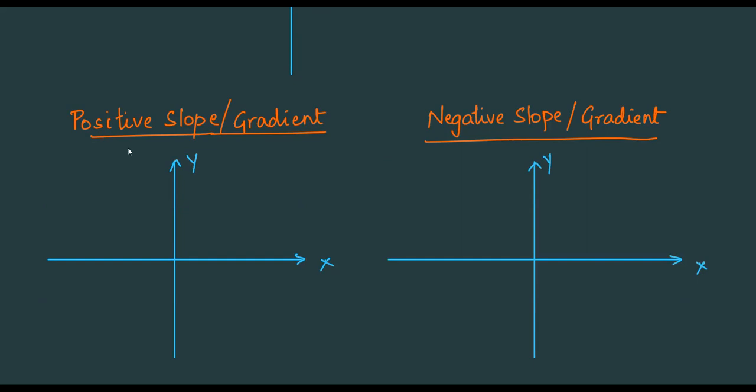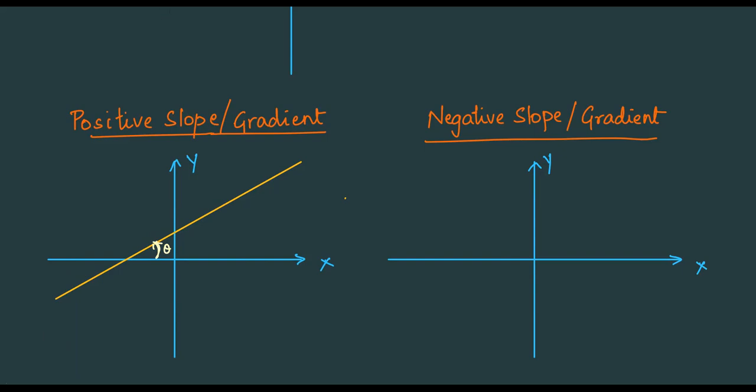How should we understand this? So a positive slope means the inclination with the positive direction of the x-axis is acute. So theta is acute.